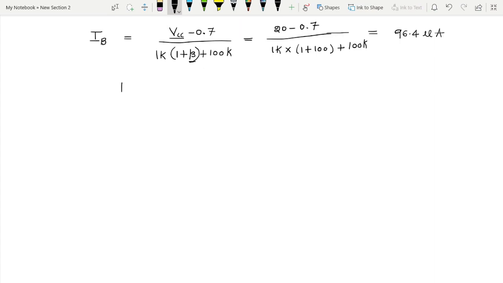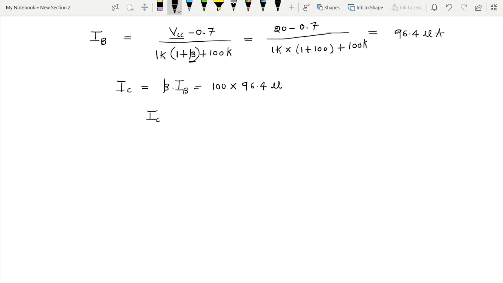What we have to find out is the collector current. The collector current equals beta into base current. Beta is given as 100, and the base current is 96.4 microamperes.